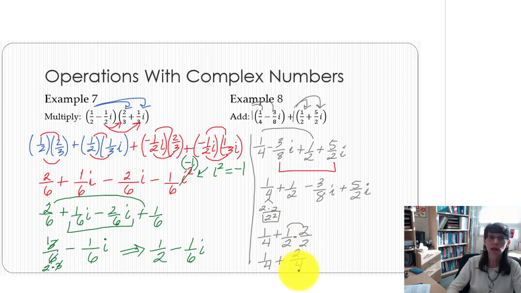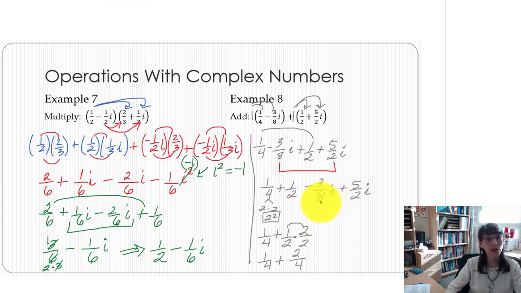Is 2/4 the same as 1/2? So if I divided each of these terms by 2, I would get back to my original term of 1/2. So I know I built it up correctly. But what's nice about this now is I have a common denominator, so in the next step I'll be able to add those.